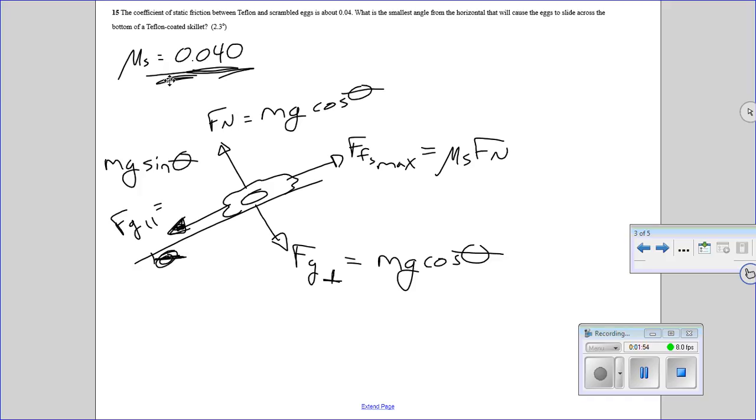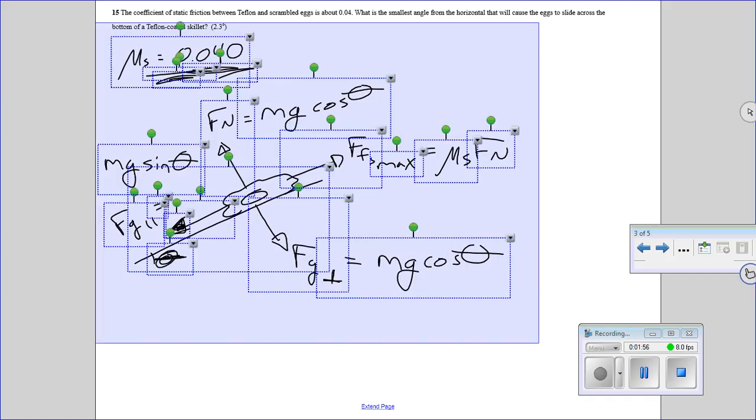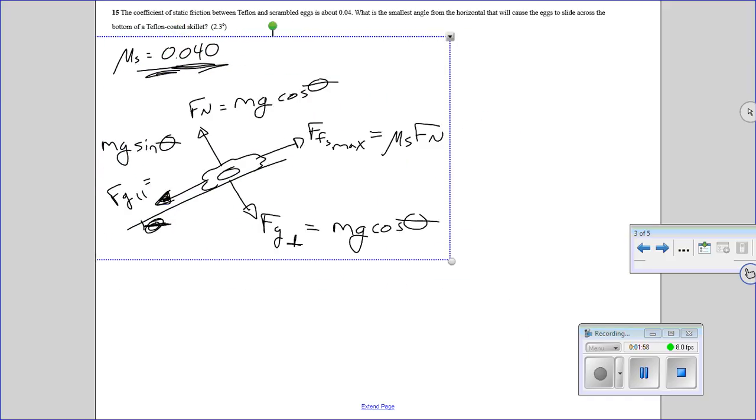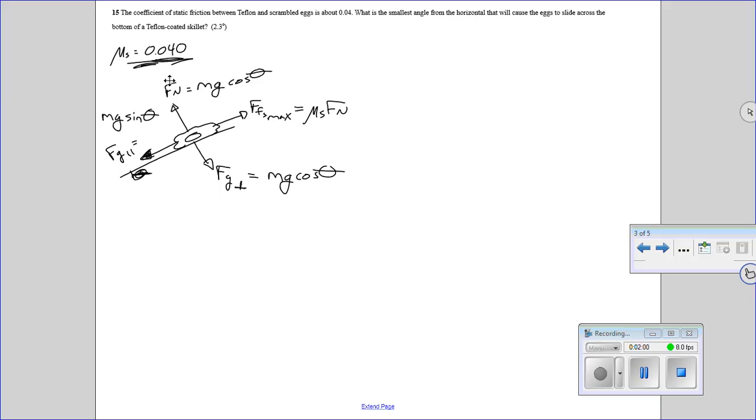Okay, let me clear up a little space here on the board. So in order for this thing to slide down the ramp, our parallel component of gravity has got to be bigger than our F_s max, right? So our F_G parallel, that's mg sine theta, and that's got to be greater than this guy.